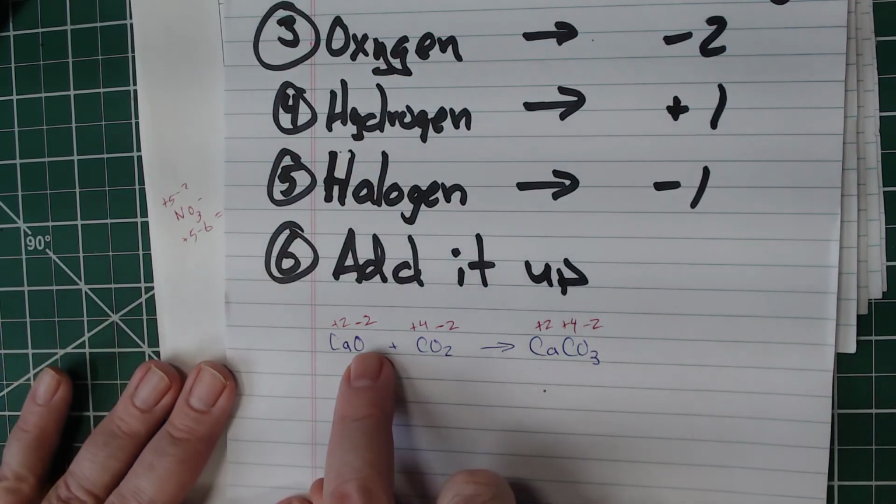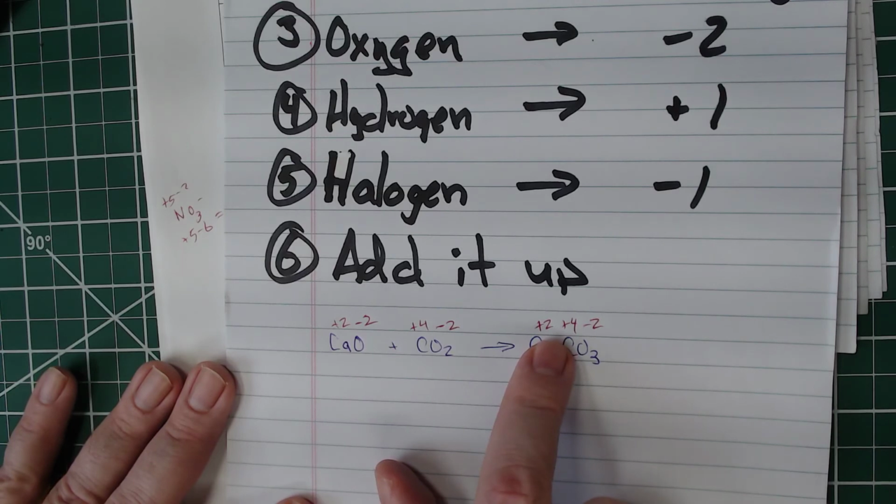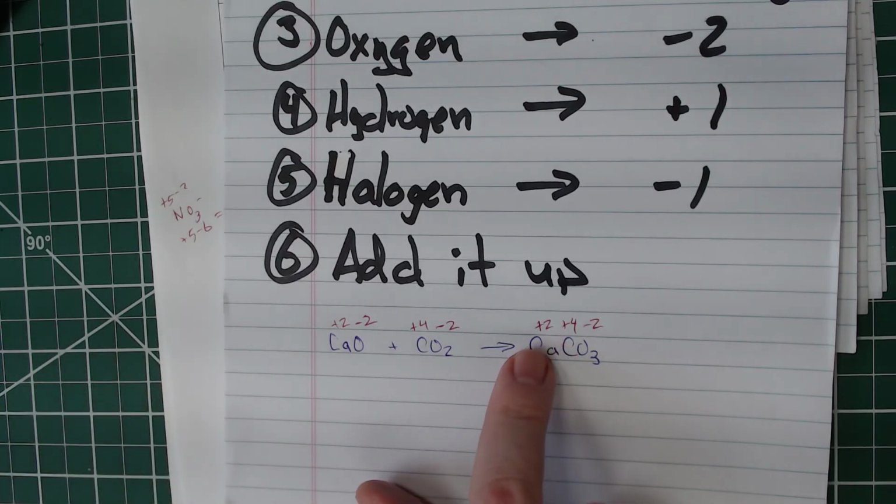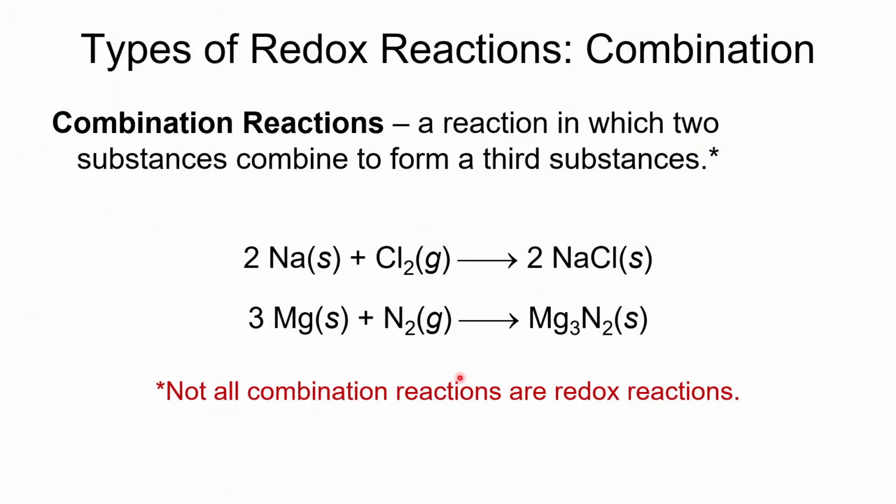And if the oxidation states don't change, it's not a redox reaction. So it's always worthwhile to check those oxidation states to make sure that your reaction is really a redox reaction. If I ask you a question, is this a redox reaction? Then the answer isn't going to be, well, it looks like a combination, so yes.